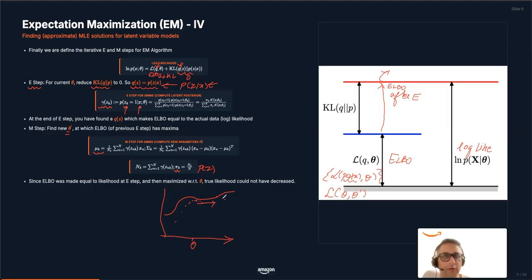This is your new theta, and there will be a gap now. Here you made the ELBO the same as the likelihood, and then you updated the theta, so the theta came here, theta dash. Now you again take the E step and it becomes the same as the likelihood here. You again compute theta and theta will come here. So you keep doing this, tracking the likelihood and updating theta.